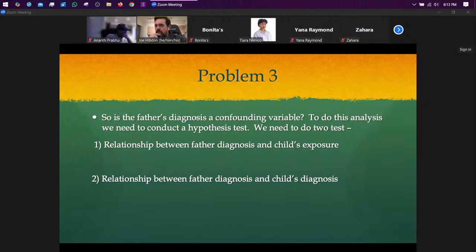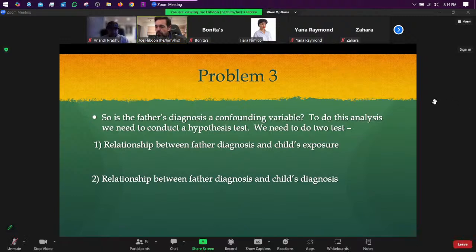So we have a lot of work here, and we're going to do it. So the question really is, we have 2 parts. We need to do 2 tests. One, what they ran in their hint, relationship between father diagnosis and child exposure.